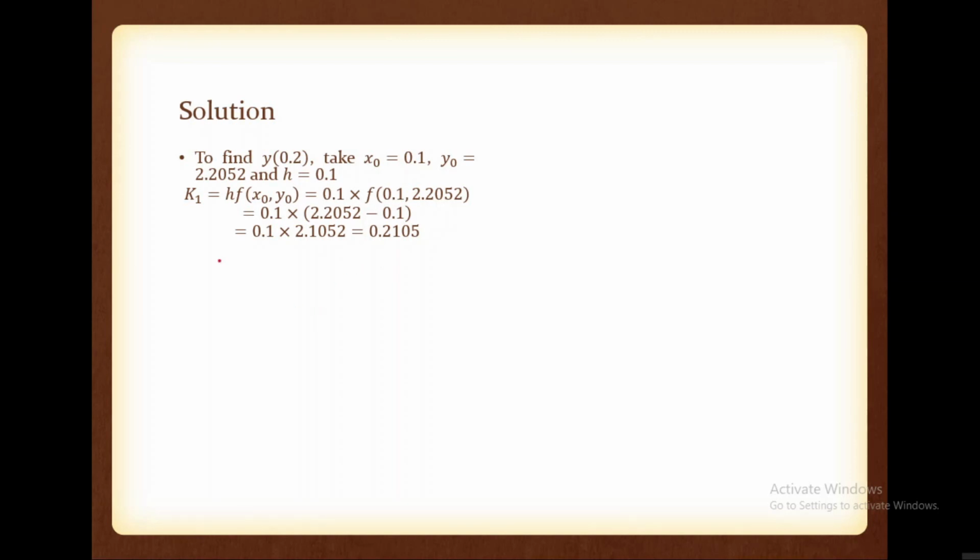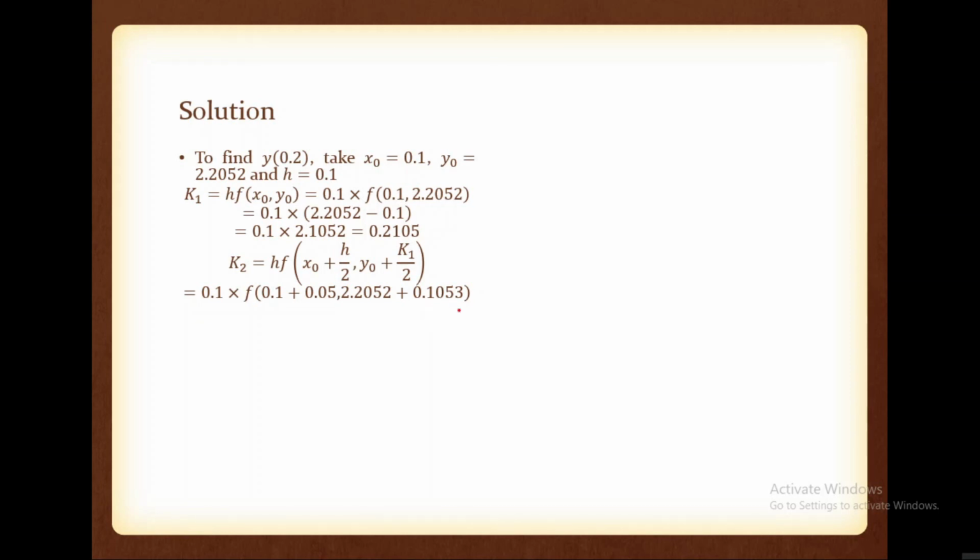Okay. Now k2 is equal to h into f of x0 plus h by 2, comma y0 plus k1 by 2. So that is equal to 0.1 into f of 0.1 plus 0.05, this is 0.1 divided by 2, that is 0.05, comma 2.2052, that is y0, plus 0.2105 divided by 2, that is 0.1053 after rounding.